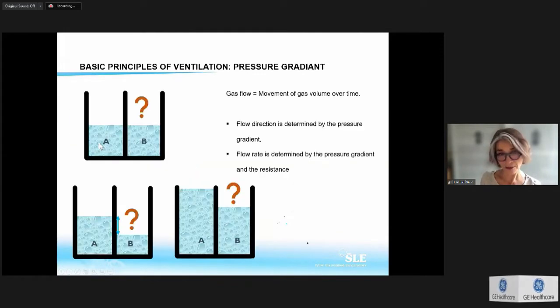If I lift up the partition between those two compartments, I will basically see nothing. I won't see any flow going from one to the other.